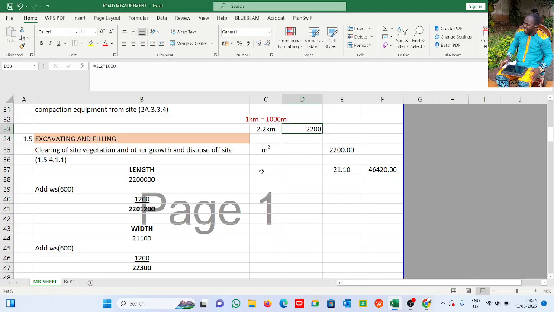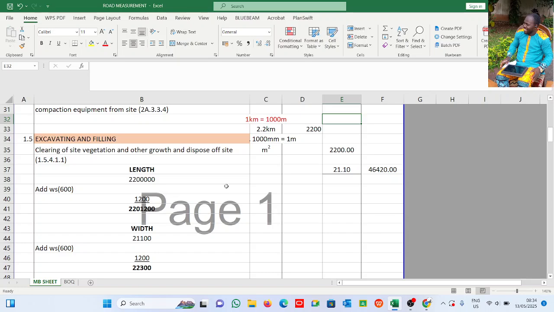So if I want to take this to millimeter, right? Because it has to be in millimeter, multiply by 1,000, because 1 meter, 1,000 millimeter is 1 meter. Let me put it here also. 1,000 millimeter equals 1 meter. Alright? If 1,000 millimeter is 1 meter, I have 2,200 meter.